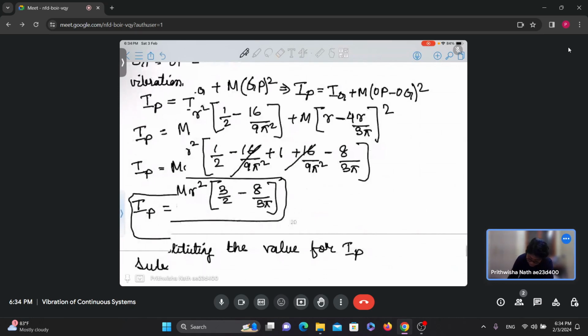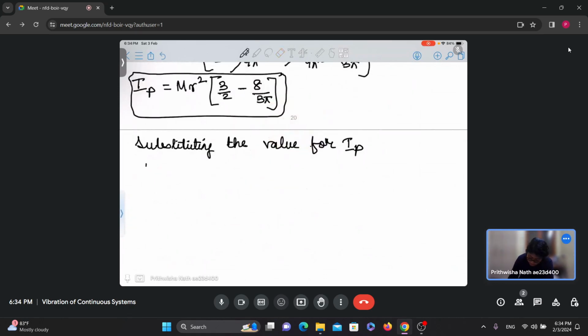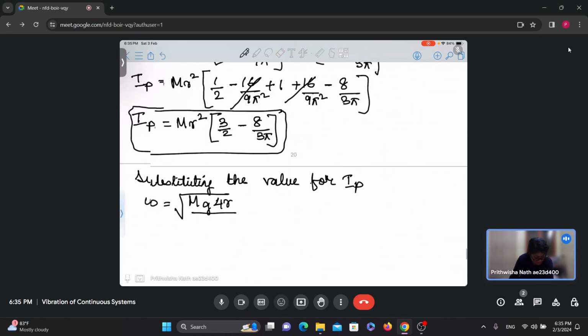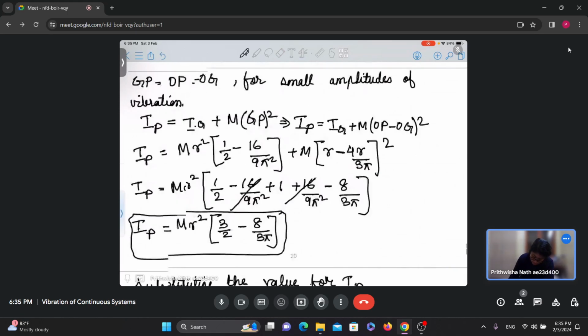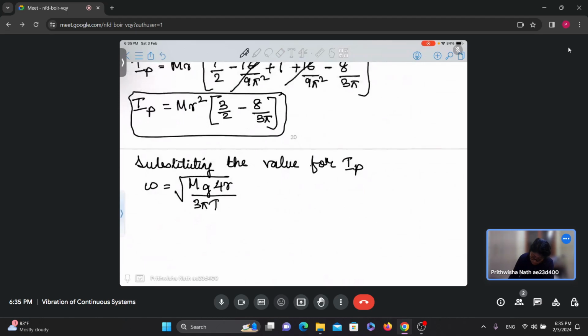Omega is capital M 4r divided by 3 pi into Ip. Now I just substitute Ip.